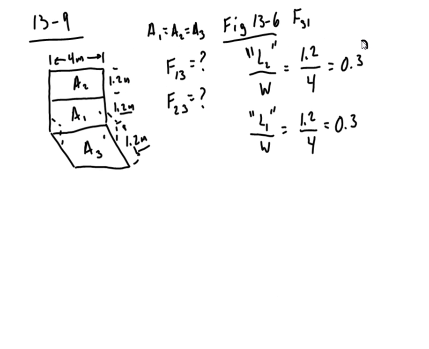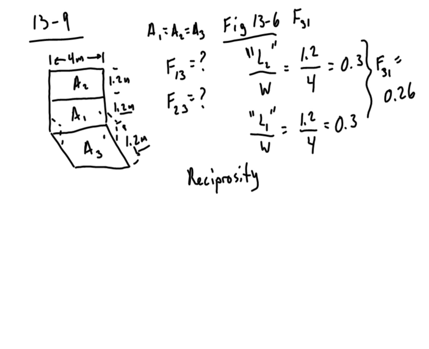And this will give us that F from 3 to 1 is going to equal 0.26. Okay. Now we can use our reciprocity.